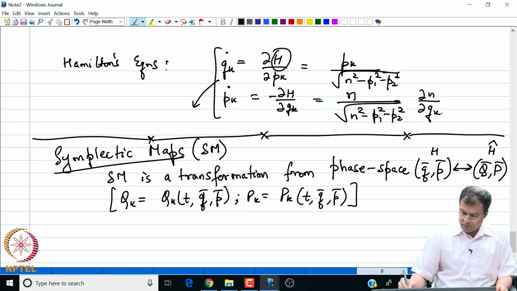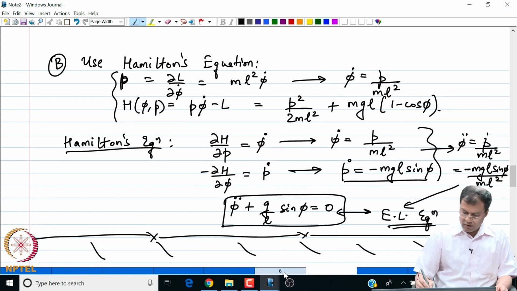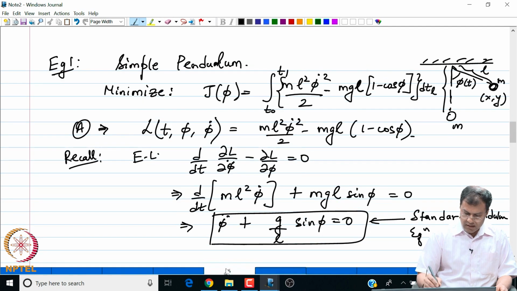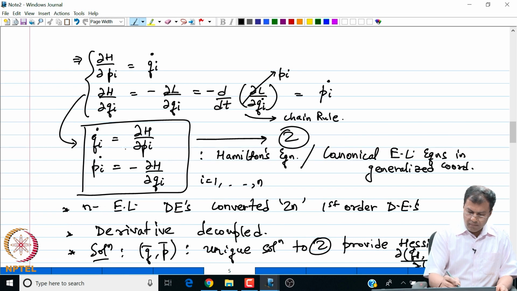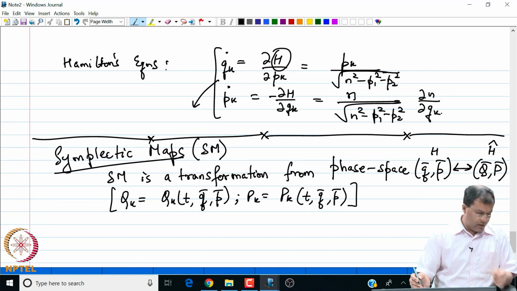Let us go back a few slides. Where is my Hamiltonian mechanism? Well, Hamilton's equations here. This set of equations, the Hamilton's equations, are denoted by 2. So, we are going to use this numbering 2.